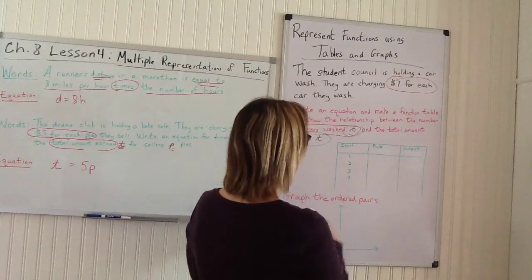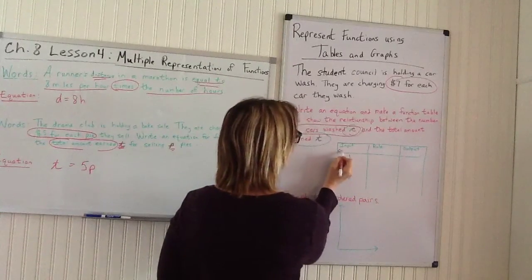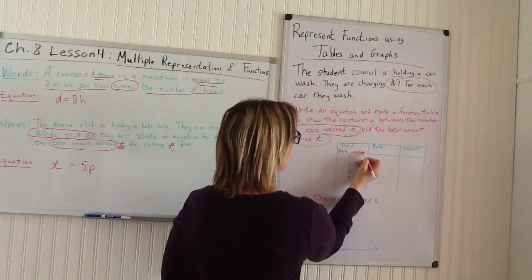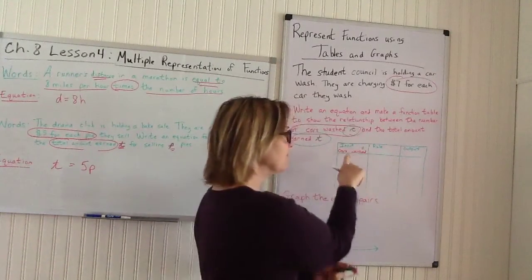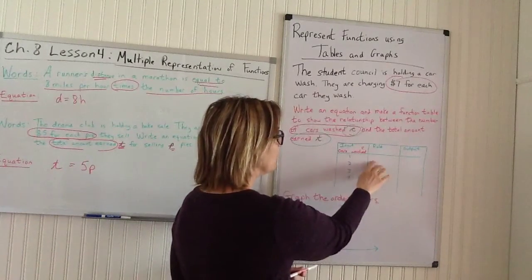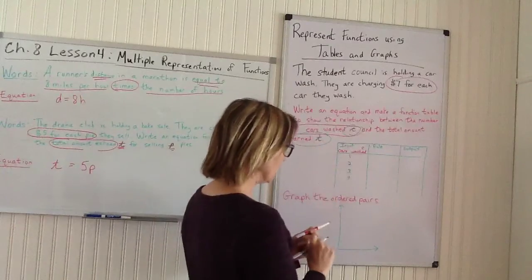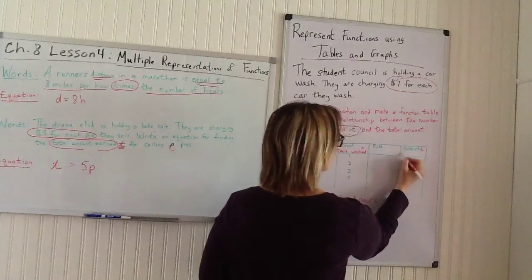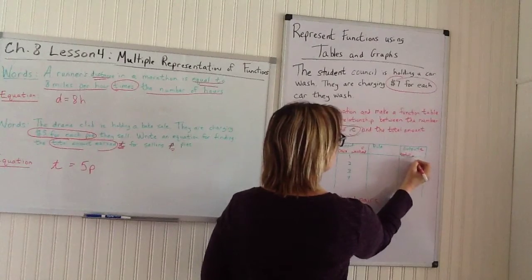So my input is cars washed. Instead of writing an x now, we actually have a variable because it's part of a situation. I'm going to wait for my rule. My output is how much they're going to earn. So this is going to be T for total earned.